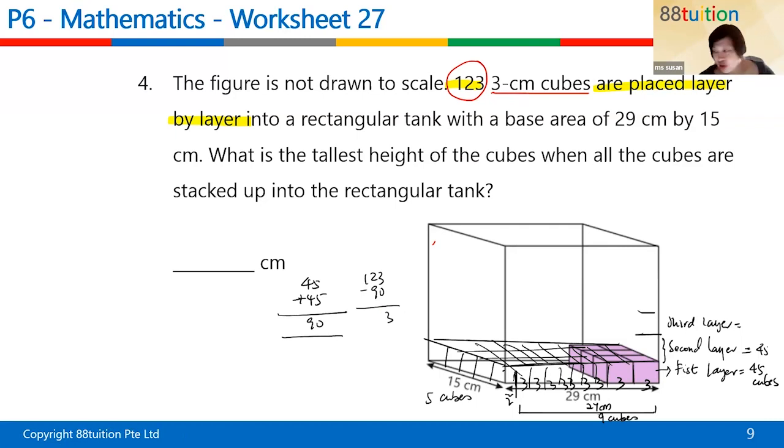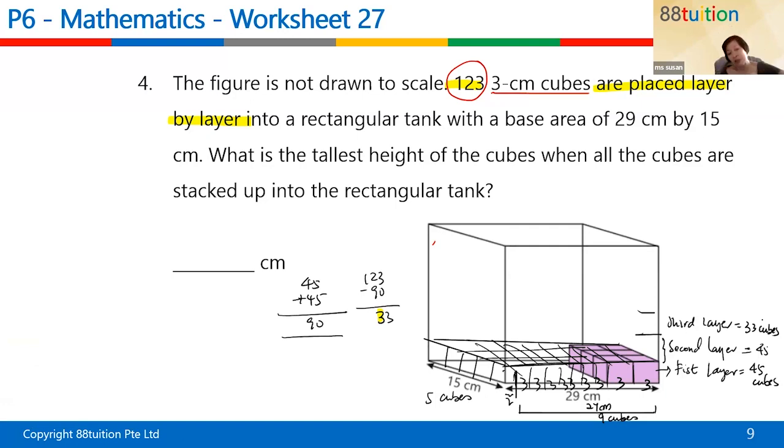So 123, wait, 45, 45, I minus that, I should get 33 only. So the third layer, I have 33 cubes with me. So all in all, what is the tallest height? You can find that after stacking. It will not be full, it doesn't matter.